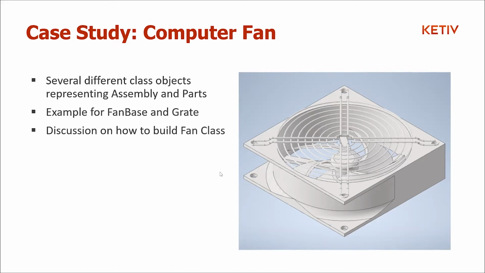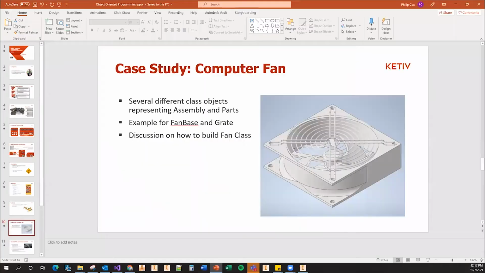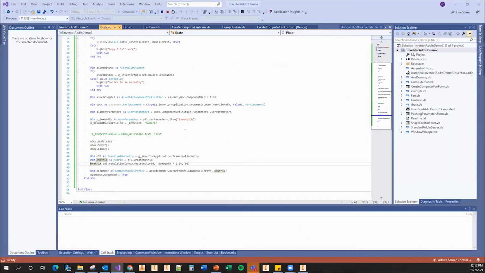That would be nice to make this fully working, but hopefully it will help you in seeing an example of how to implement object-oriented programming. So I'm going to exit out of the PowerPoint and head over into the code.